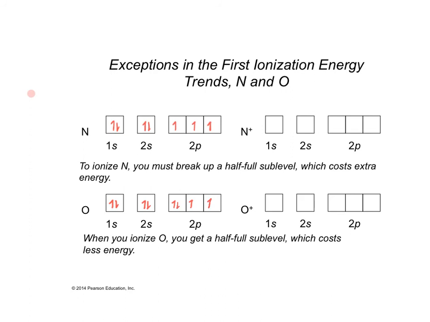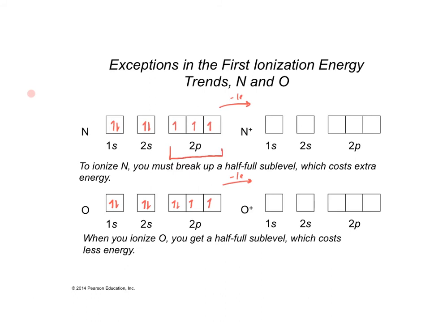Now, what we're looking at with respect to ionization energy is taking an electron away from both of these. I had briefly mentioned before that there is a stability to something that is half-filled. Nitrogen by itself has a half-filled p shell.